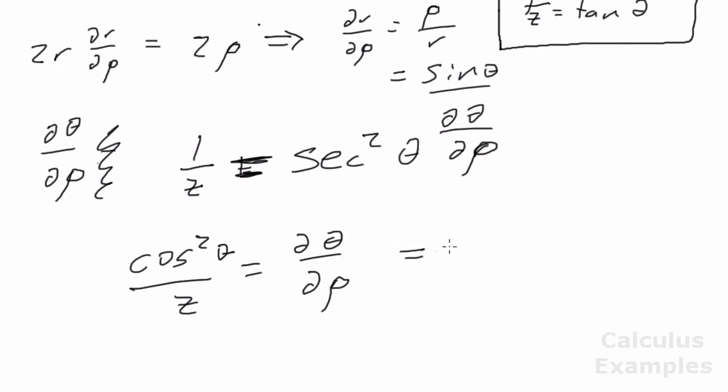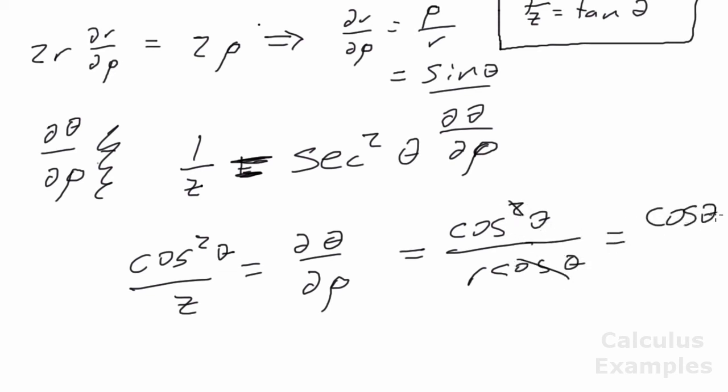So we lose cosine theta. Well, let's not be lazy here. So we get cosine squared theta over r cosine theta. It cancels one of the cosines, so you get cosine of theta over r. And that's our next derivative.